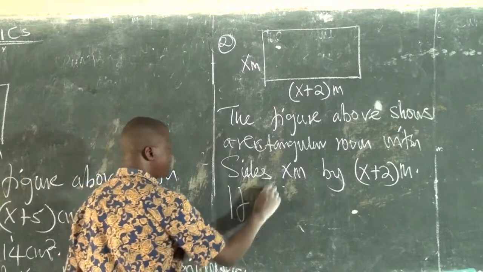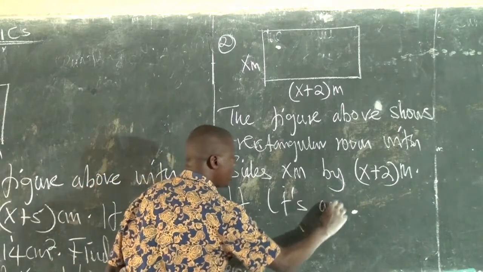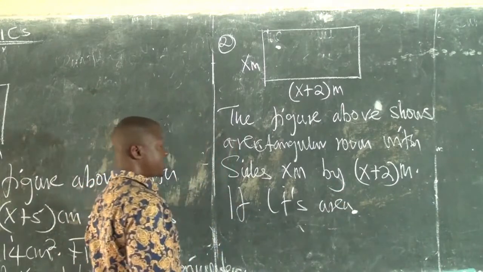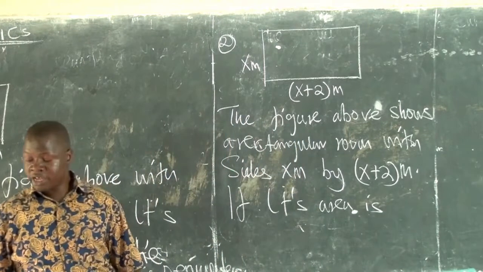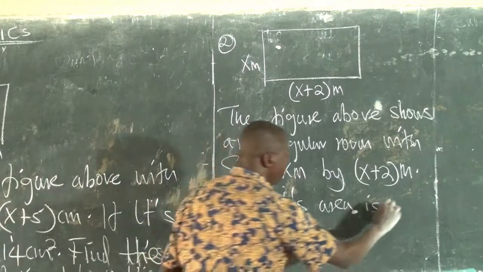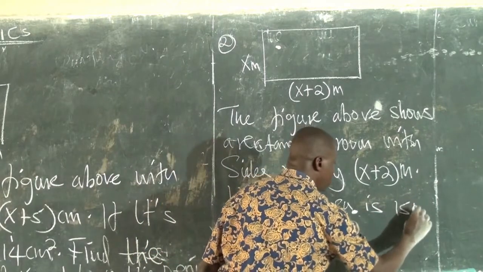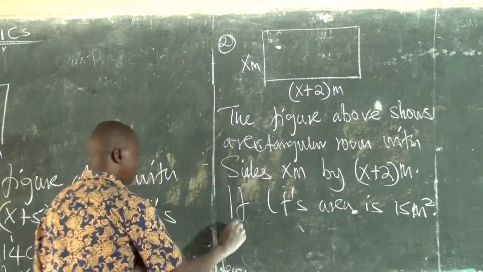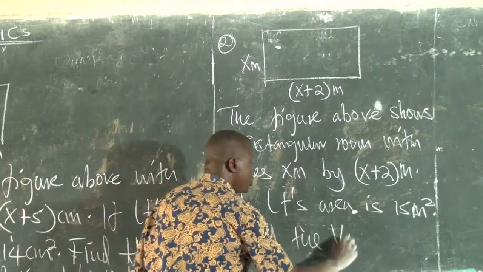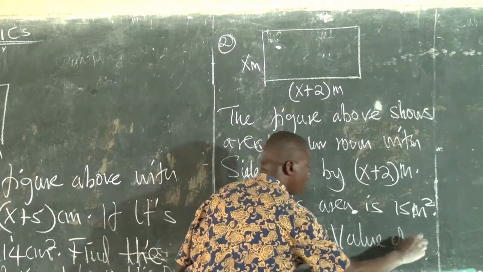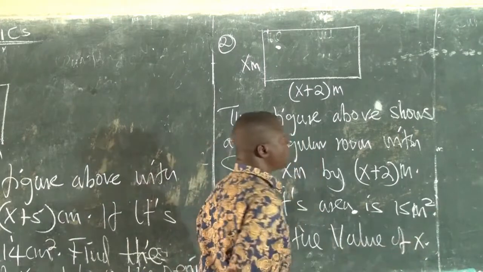If its area is 15 meters squared, find the value of x.